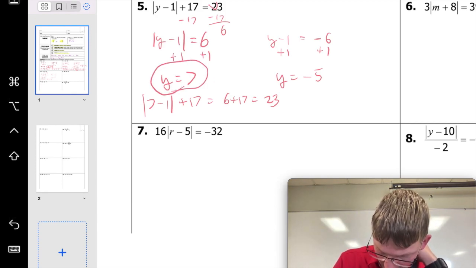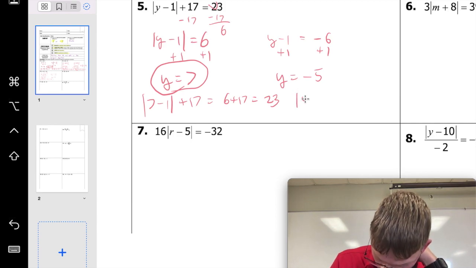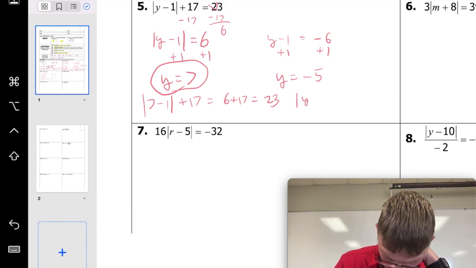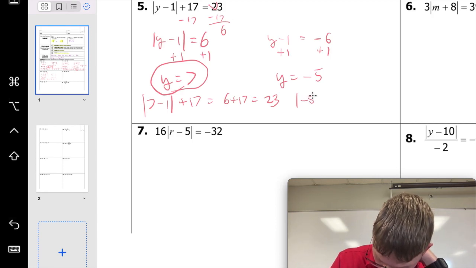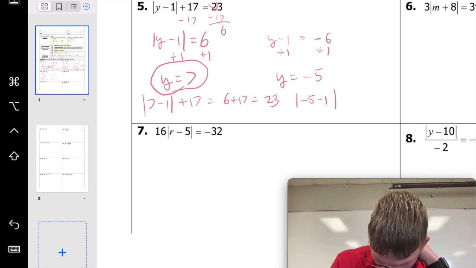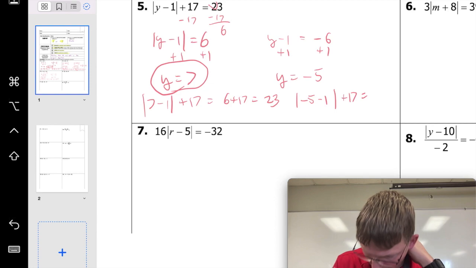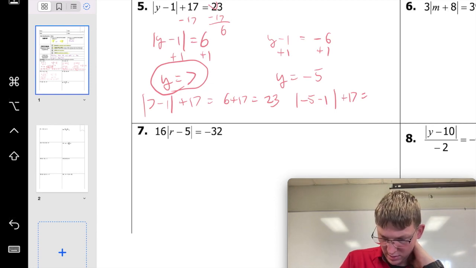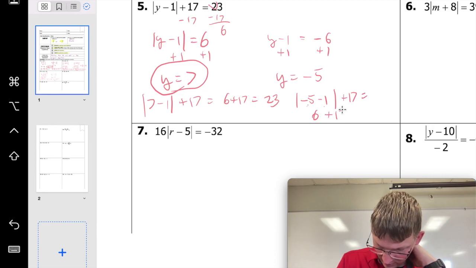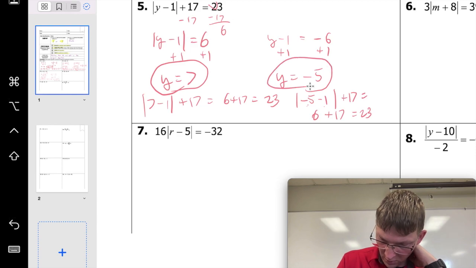So then our negative 5, we're going to do y, negative 5 minus 1 plus 17. And we're going to figure out what that equals. So then that's going to be, I'm doing two steps at once. So negative 5 minus 1 is negative 6. Absolute value of that is 6 plus 17 equals 23. We are good to go.